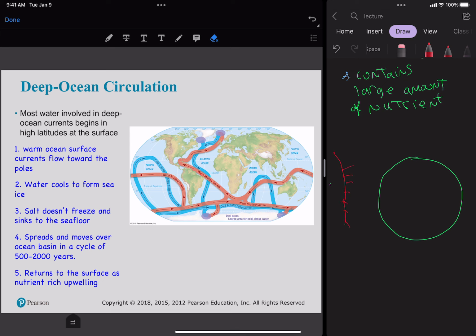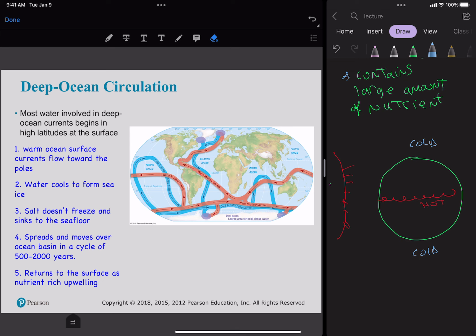What the sun's going to do is make the equator the hottest part of the globe, and the poles are going to be the coldest part of the globe. And so now we can try to see how the ocean current is going to move throughout the globe.